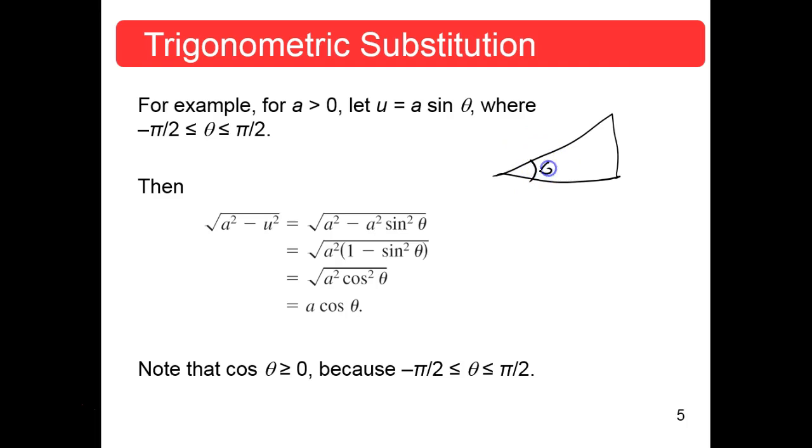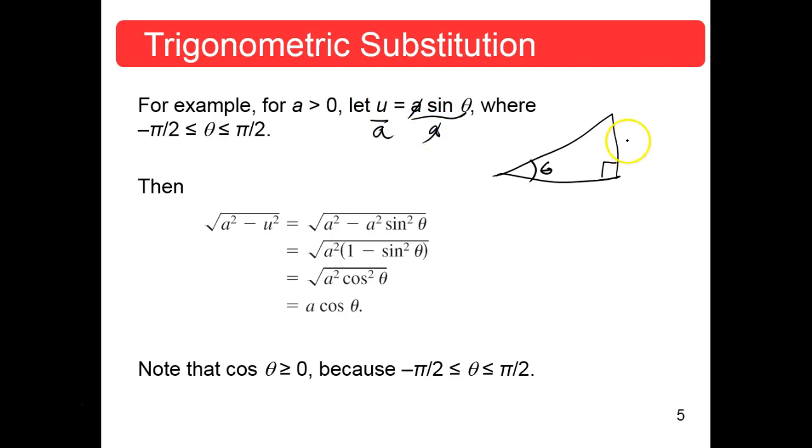Identify the theta. That's usually a good one. There's your right angle. If you couldn't tell, that was supposed to be the right angle. As soon as you identify that as theta, then sine theta is going to be, well, maybe do this first. Divide both sides by a. And sine theta is u over a.